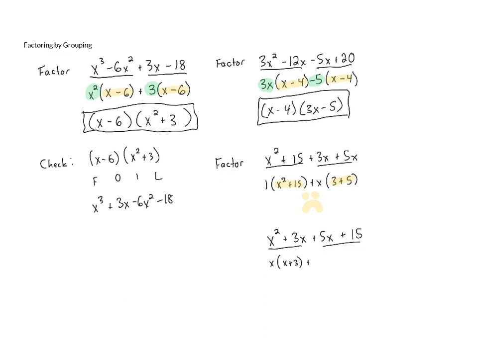In the second group, the GCF is 5, leaving x plus 3 in parentheses. And now we're happy because we have a GCF among the groups of x plus 3. And then the leftovers are x plus 5. And we are good to go.